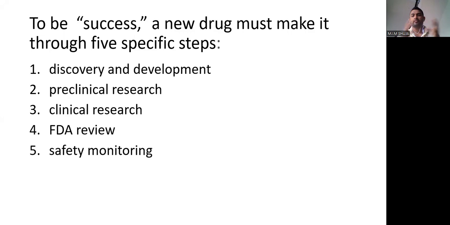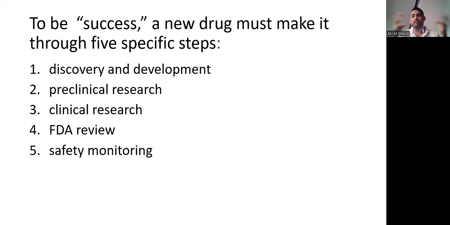So that is how you discover what you are going to create. Then with very detailed, complex studies and investigation at the laboratory level, you will create a compound, a lead compound. Okay, that is the development.